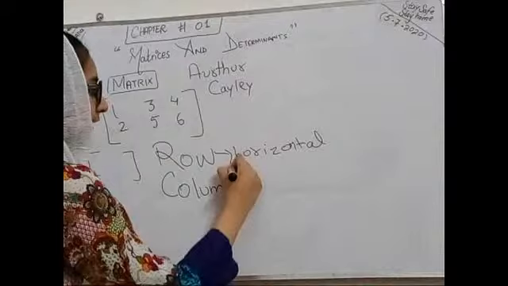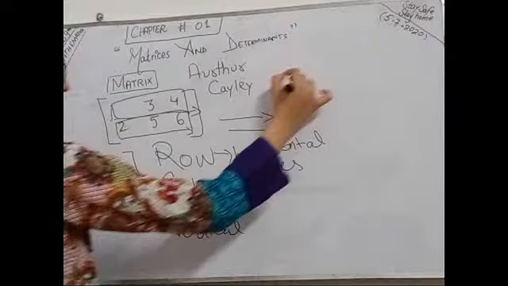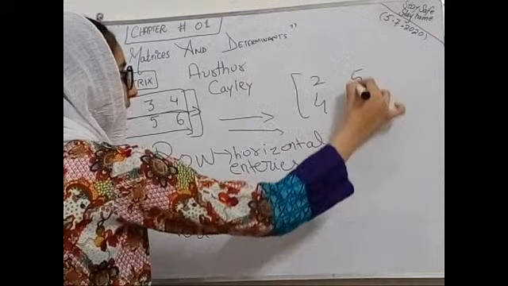And what is the meaning of column? Take another matrix. So these are the columns. Now there were two rows in this matrix. We can count 1 and 2. 2 rows.